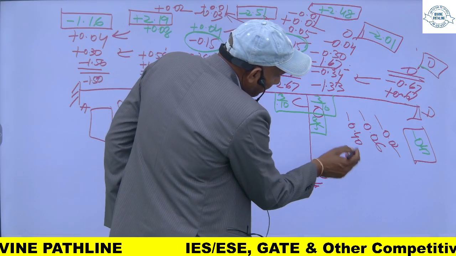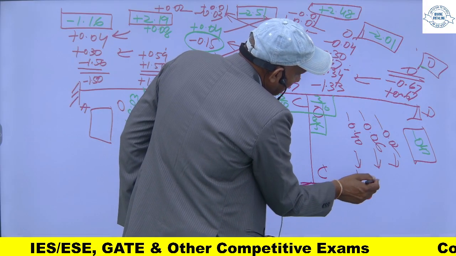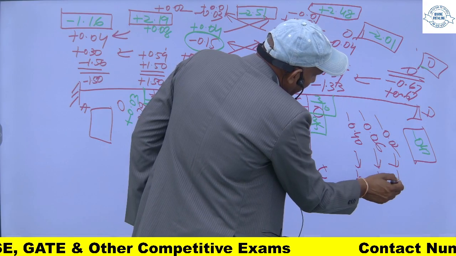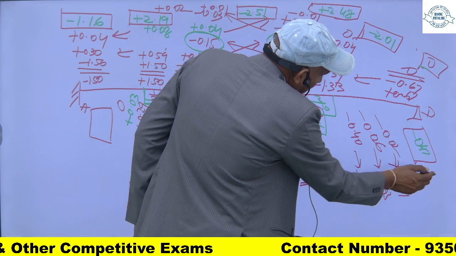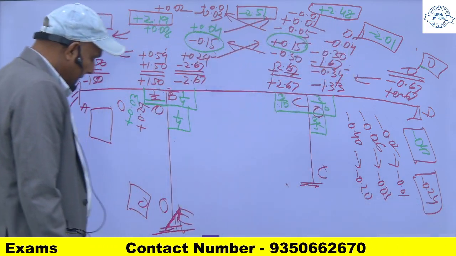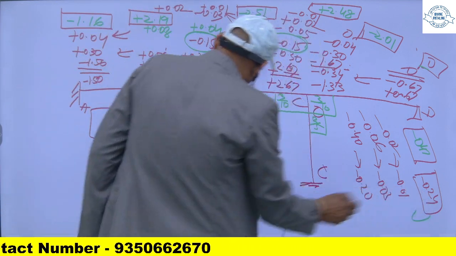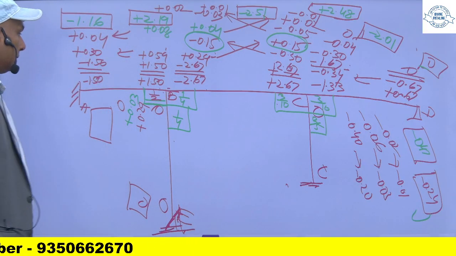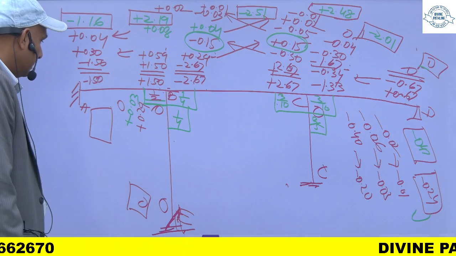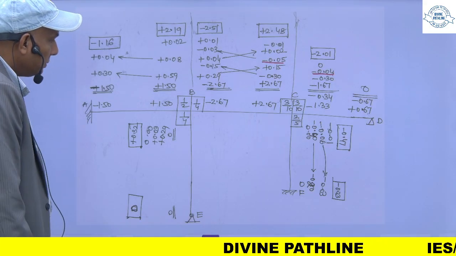This will be half of this and half of this, it will be minus 0.20, minus 0.03 and minus 0.01, so it will be minus 0.24. You will get this one, this is 0 here, and the sum of this will be plus 0.32.